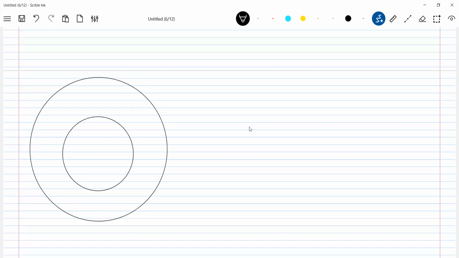There's a circular track. The radius of this, let it be r. So here there's a vehicle, a car.